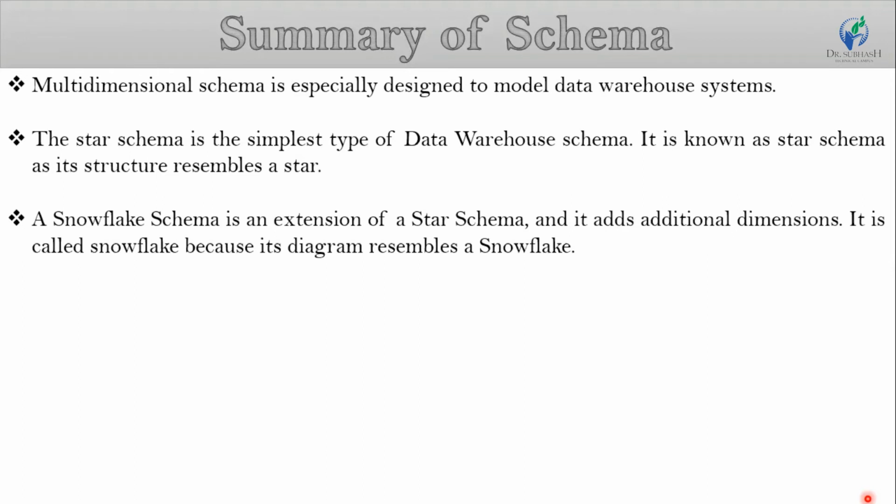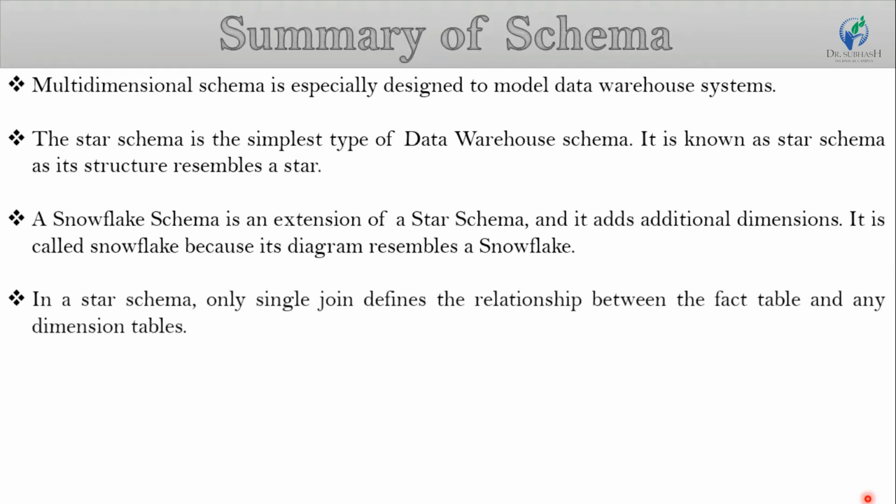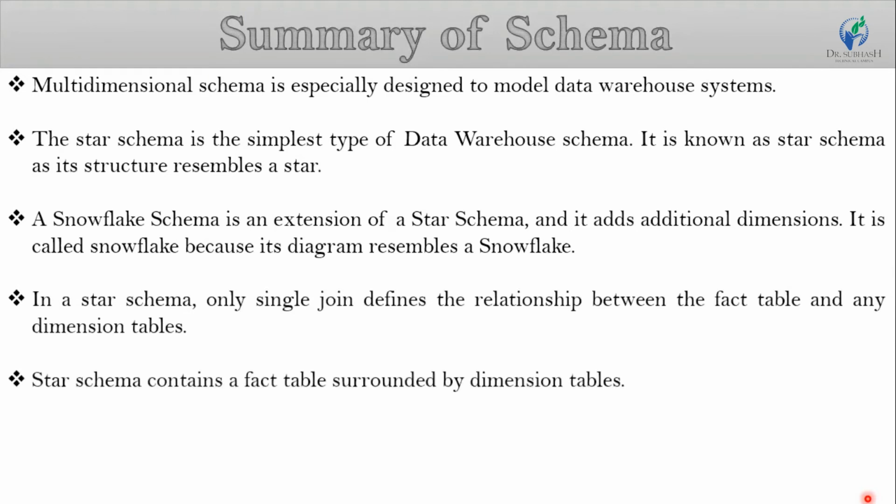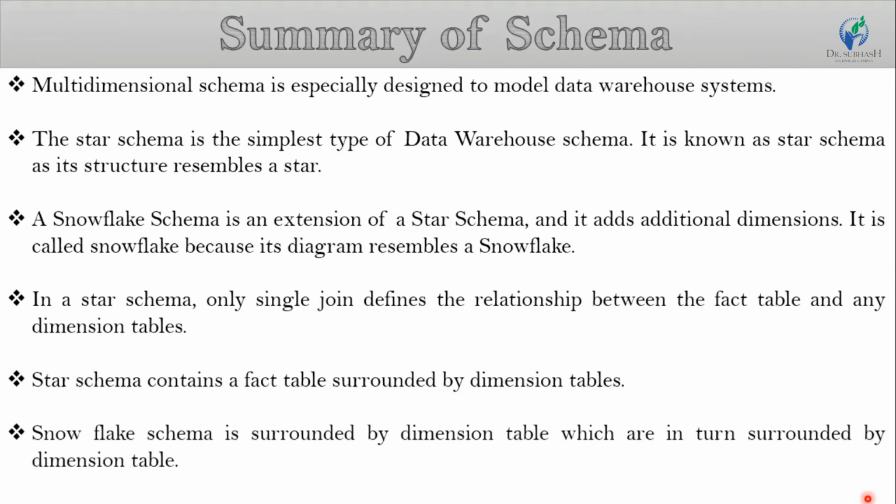In a star schema, only a single join creates the relationship between the fact tables and any dimension tables. A star schema consists of fact tables surrounded by dimension tables. Snowflake schema is surrounded by dimension tables, which are in turn surrounded by dimension tables.